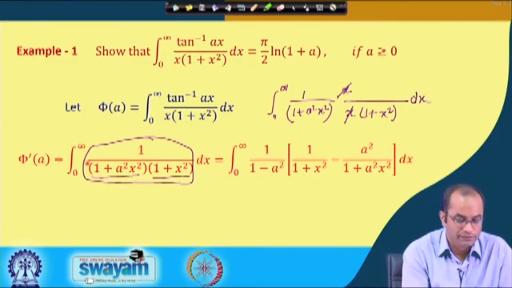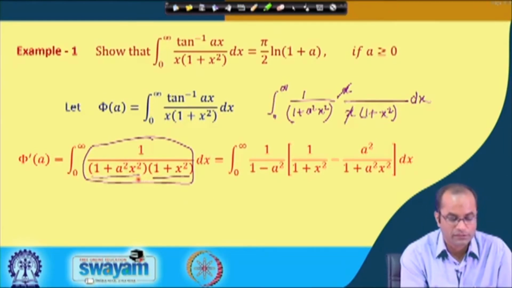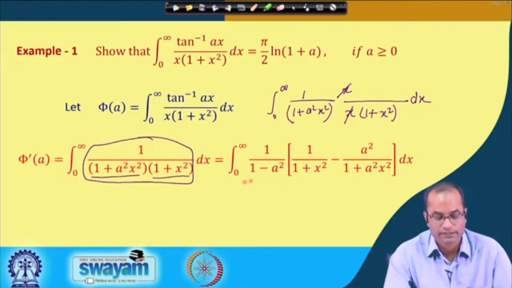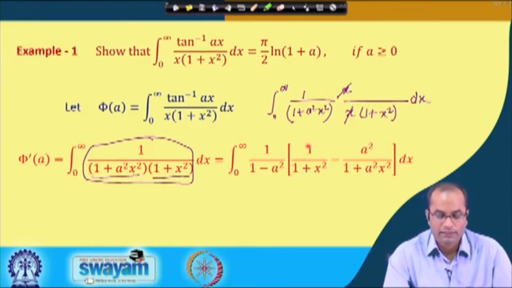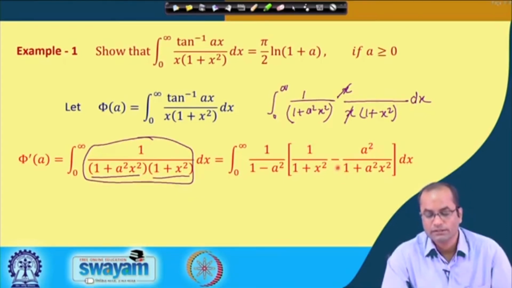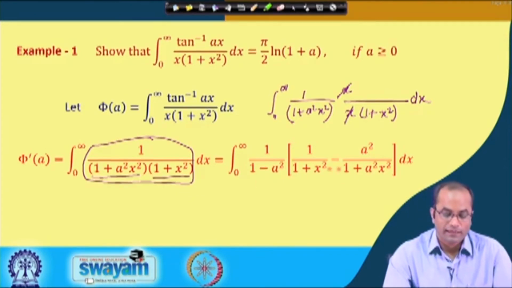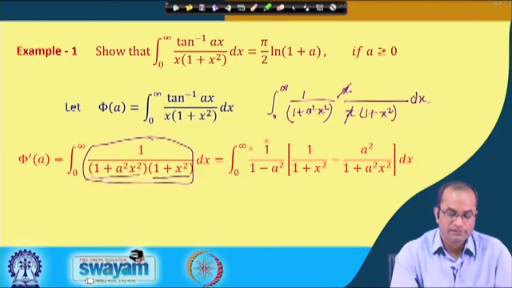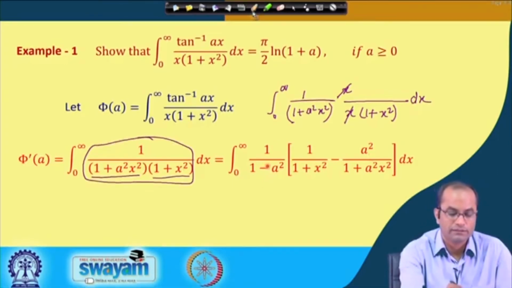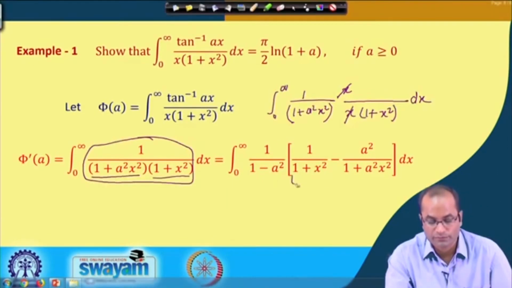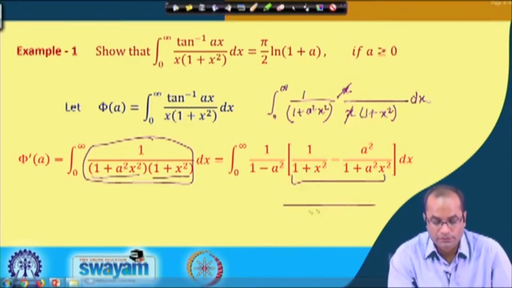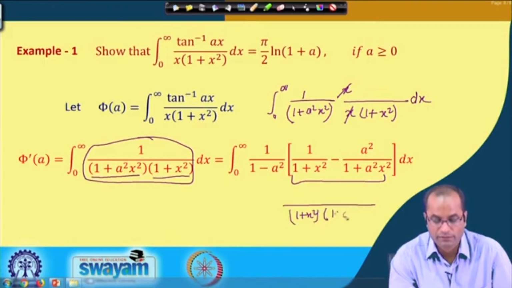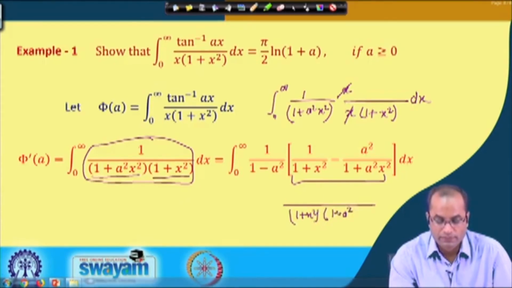The partial fractions of 1 over 1 plus a square x square and 1 plus x square will be given as 1 over 1 plus x square minus a square over 1 plus a square x square, and then to balance this we need to also multiply by 1 over 1 minus a square, because if you see this term is like 1 plus x square and 1 plus a square x square term here.